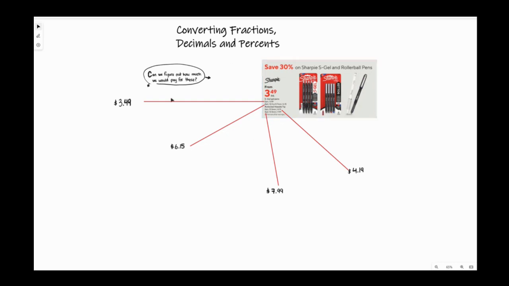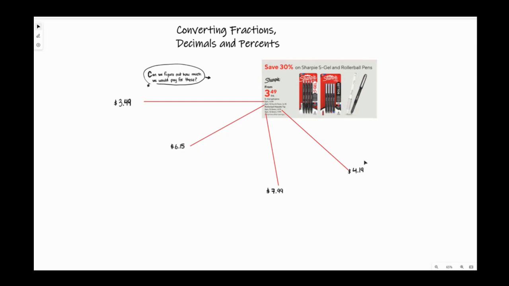Can we find out what we would pay for these at the till? I know that it says all prices after savings, so this actually includes the savings of 30%, but for our examples right now, we're going to just say that these are the original prices, and now we're going to find the sale price and then the price with tax.